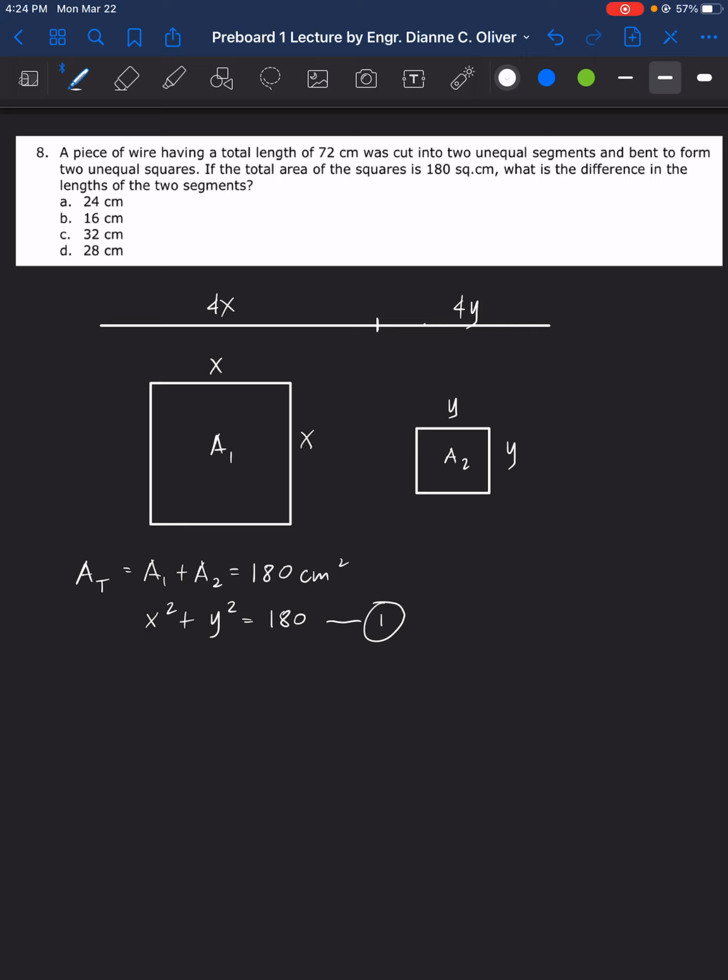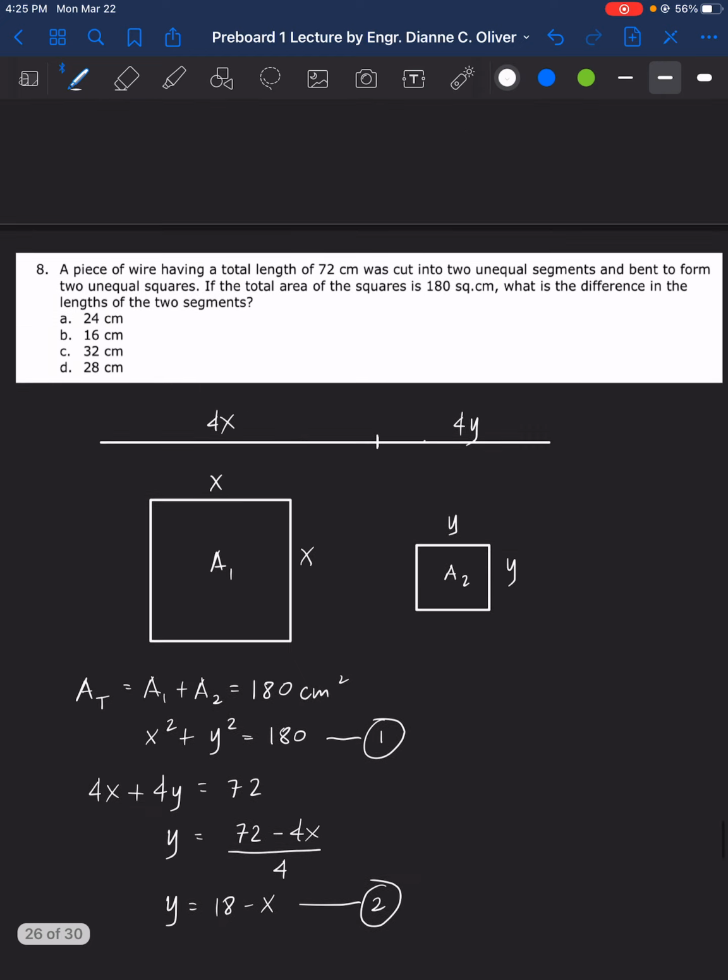And then the total length, 4x plus 4y, is equal to 72. Then let's take y is equal to 72 minus 4x divided by 4. Y is equal to 18 minus x, and that is equation number 2.